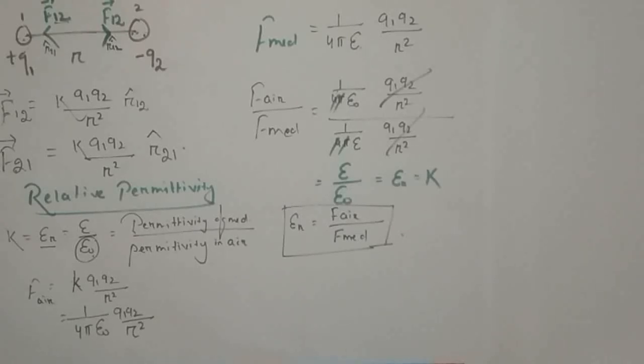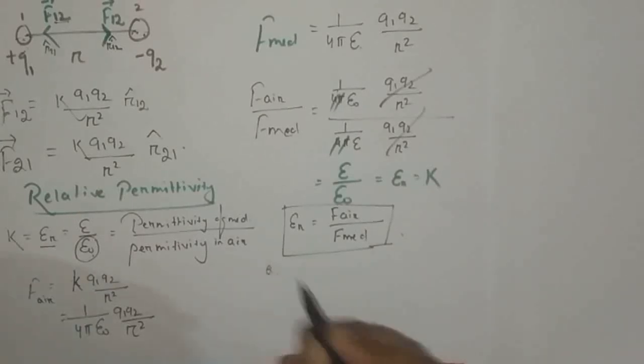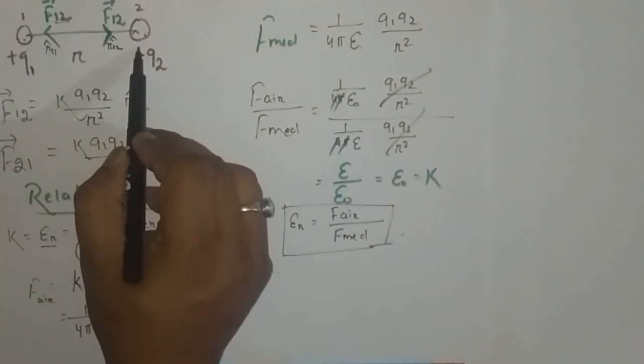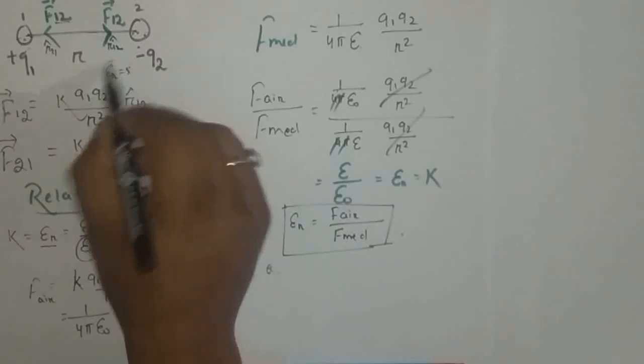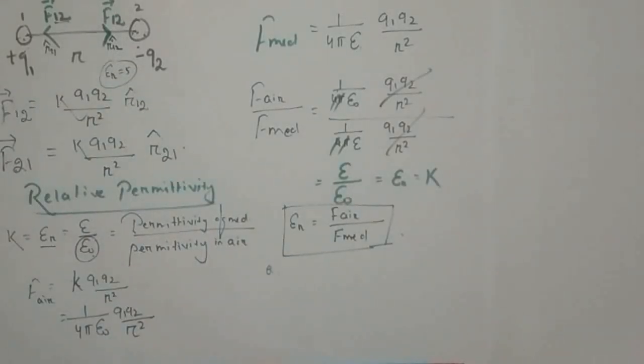Okay, some discussions are also there, and some examples we need to solve. Suppose the question is: two charges are separated in a medium whose relative permittivity is 5, for example. What is the force acting between them? What is the force formula?